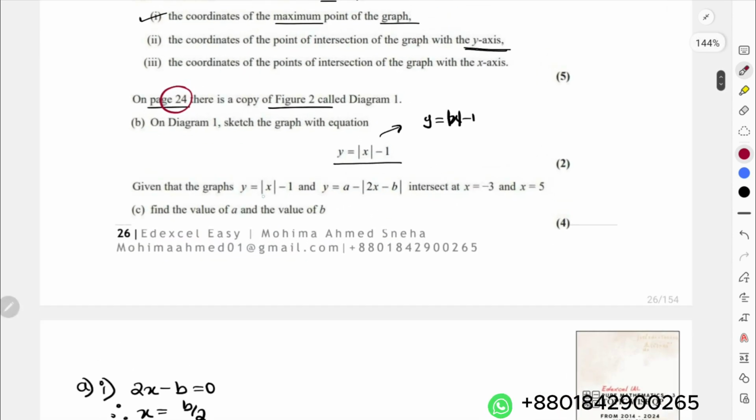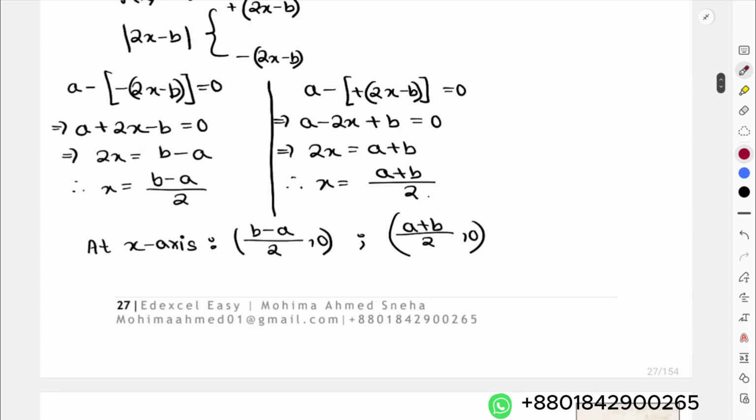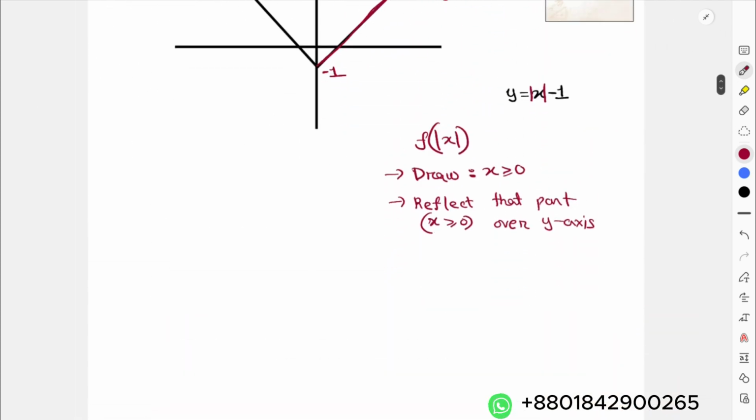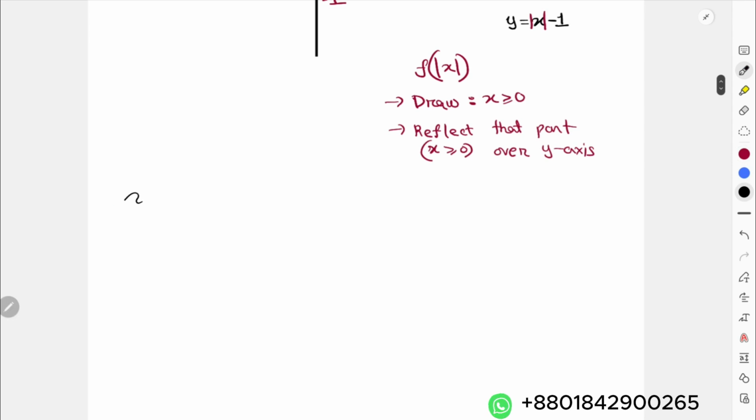For part C, now they are saying that this equation and this equation intersect at minus 3 and 5. So we have to find out the solutions of a and b this time. Okay, understand? Over here we don't have much space, we can work with this space also. We are working with this modulus function, that modulus of x minus 1 equals modulus of a minus 2x minus b, right?